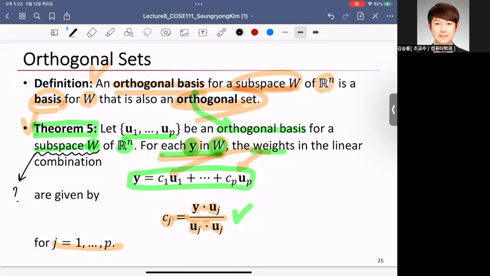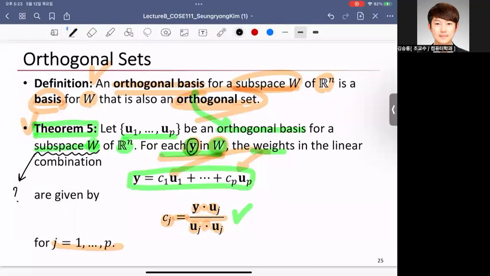Anyone? We discussed so many subspaces, but there were two very important subspaces we discussed in the midterm as well, right? 그쵸? Column space and null space, 그쵸?